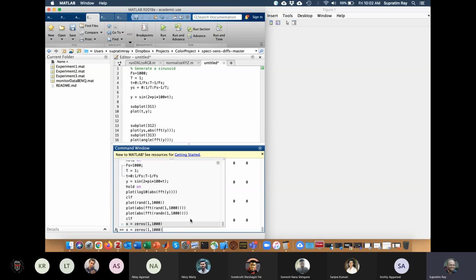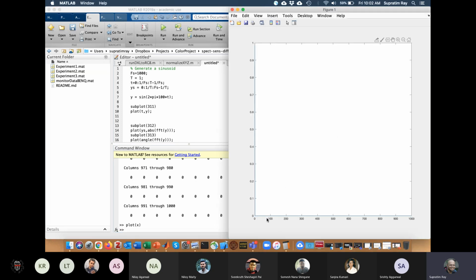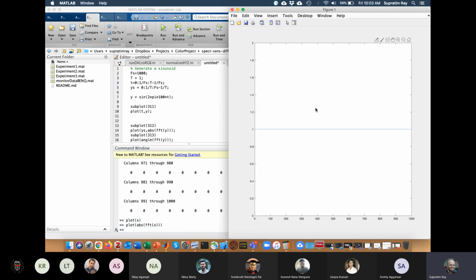So this is all zeros, and just make the first coefficient of x as 1. So now this is like a delta function, 0 everywhere except at 1. And then find out what's the abs FFT of x. And this, as you can see, is a flat line. This is the Fourier transform of a delta function, which is power at all frequencies.